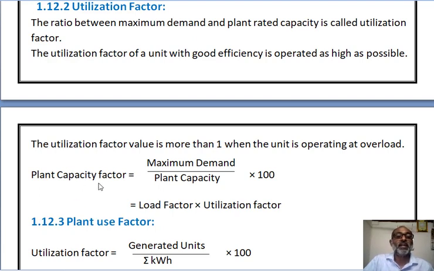So we can write plant capacity factor is equal to maximum demand divided by plant capacity into 100, and the ratio between maximum demand and plant capacity is the utilization factor. So plant capacity factor is nothing but load factor into utilization factor.